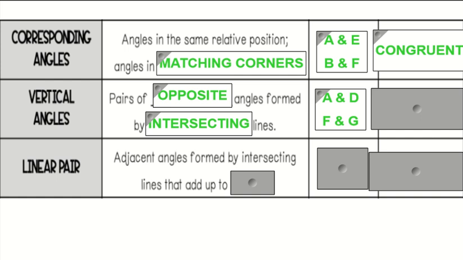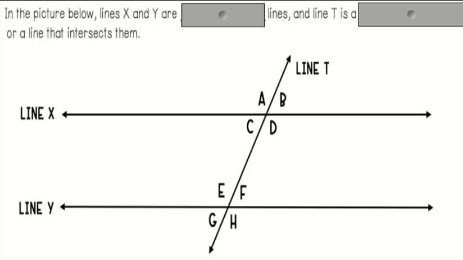They're not always vertical from each other, so the name's a little confusing sometimes. If I go back to the picture, like I said, A and D are vertical angles. So you see how we make the X? Where the lines cross in an X, vertical angles are the ones that are across from each other.